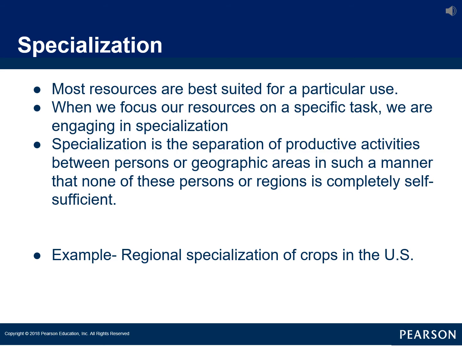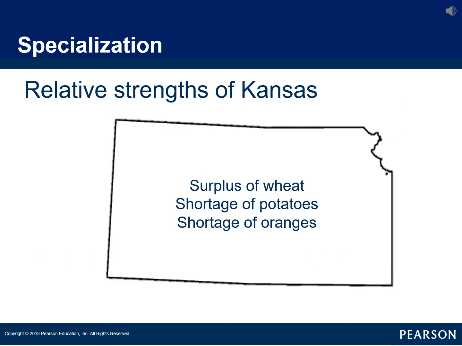So when we specialize in a particular product, a company is likely to be able to produce that product way more efficiently and in turn way more cheaply. Okay. So an example of this in agriculture is that regionally we specialize in a variety of crops, and we do that for a couple of reasons.